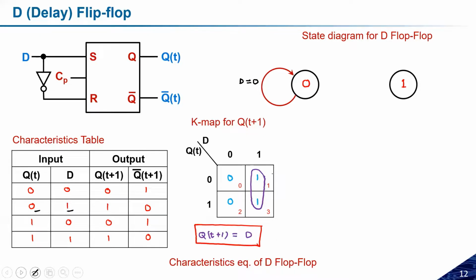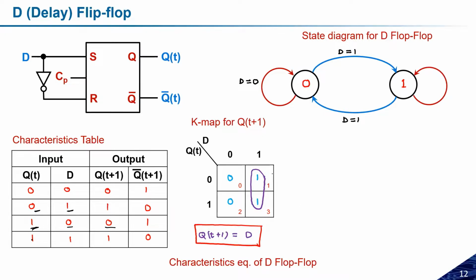So it is changing from 0 to 1, and the case is d equal to 1. Now let us talk about the third case. If qt is equal to 1 and d is equal to 0, qt plus 1 will become 0. So this is the fourth case. The third case will be this one, where we are putting d is equal to 1.